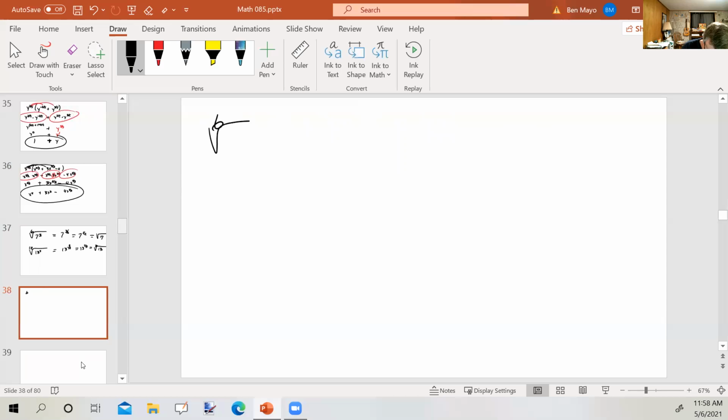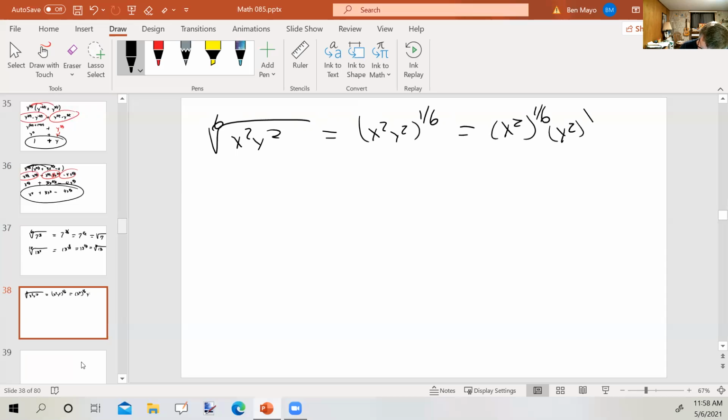The 6th root of x squared y squared becomes x squared y squared to the 1/6 power, which is x squared to the 1/6 power, y squared to the 1/6 power, which is x to the 1/3, y to the 1/3, or xy to the 1/3, or the cube root of xy.